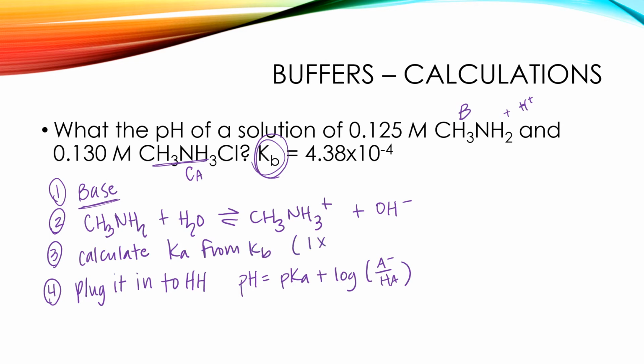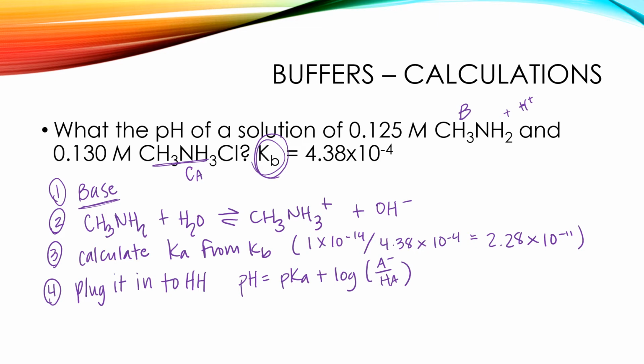I do that by doing Kw divided by the Kb that it gave me, and that equals 2.28 times 10 to the negative 11. It makes sense that the Ka is really, really small because this is a basic buffer.